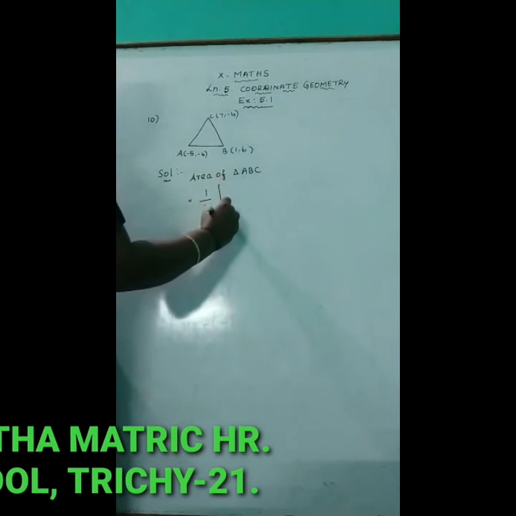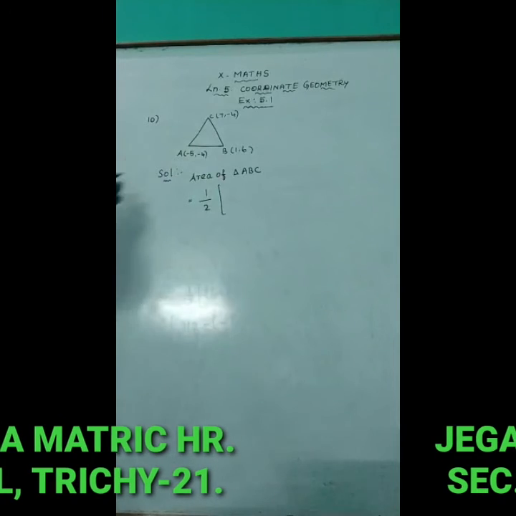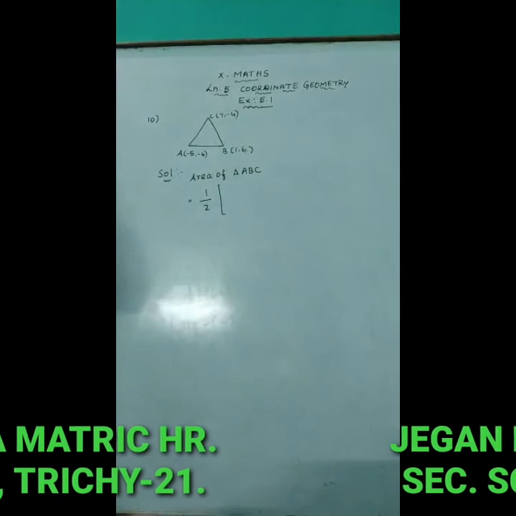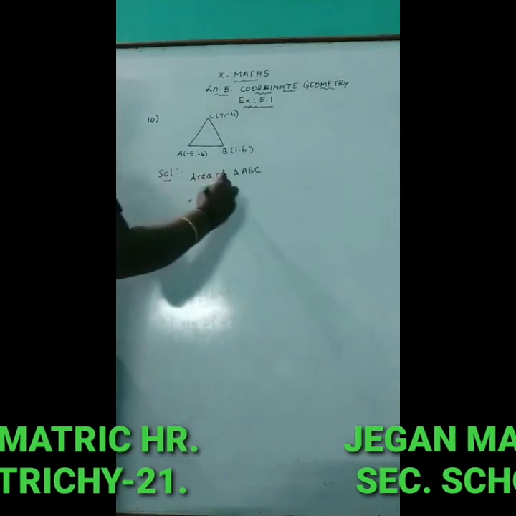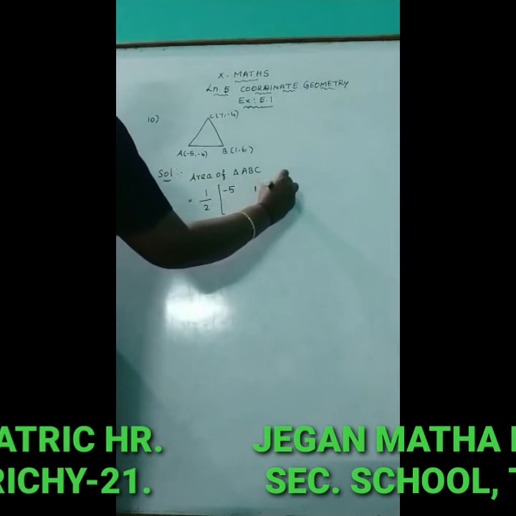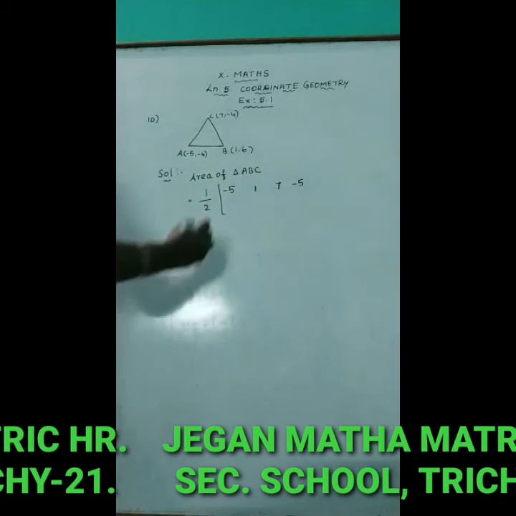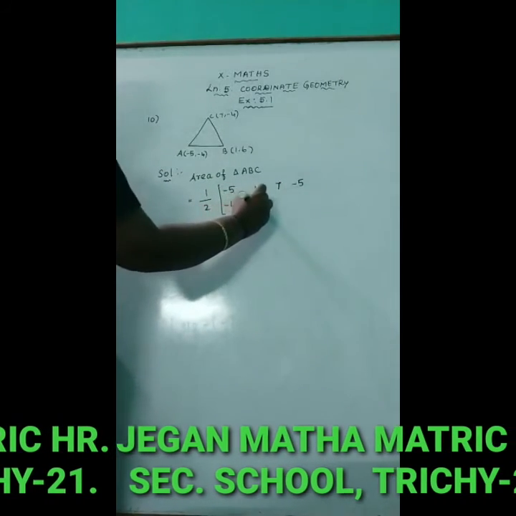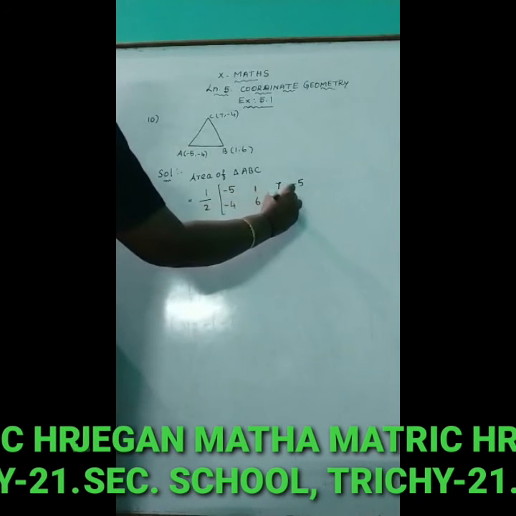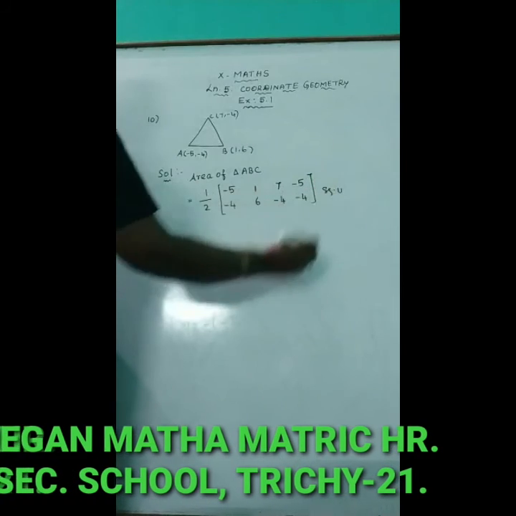This is 1 by 2 into, here A point is x1, y1, B point is x2, y2, C point is x3, y3. So we start with x1 minus 5, 1, 7, again x1 is minus 5. The next one y1 is minus 4, 6, y3 is minus 4, again y1 is minus 4 square units.